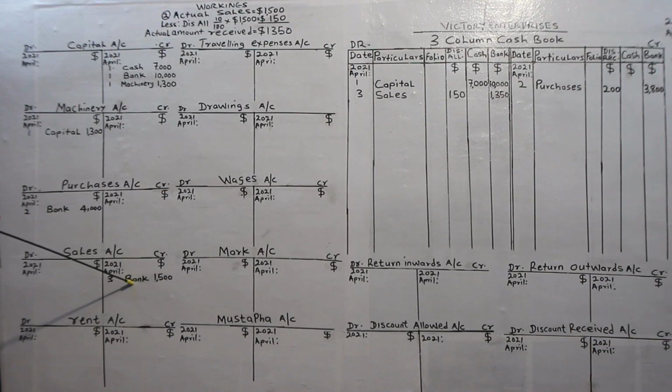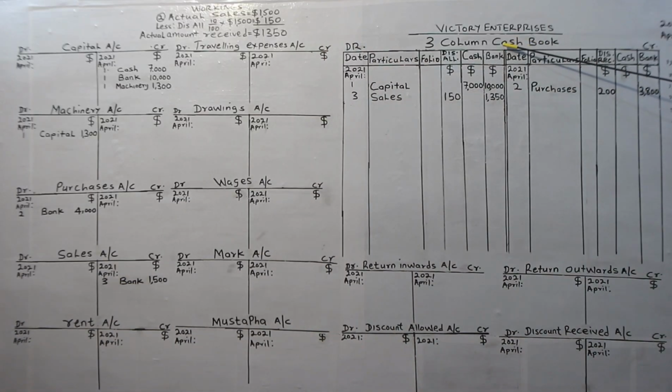Therefore, we go and debit the bank column of the cash book. So we debit the cash book or the cashier for receiving through the bank $1,350 as a result of sales on 3rd April 2021.